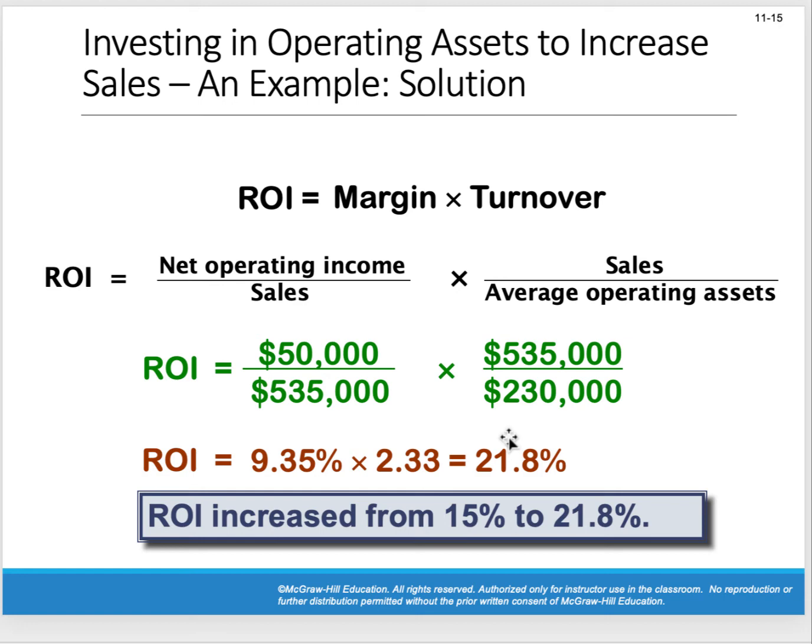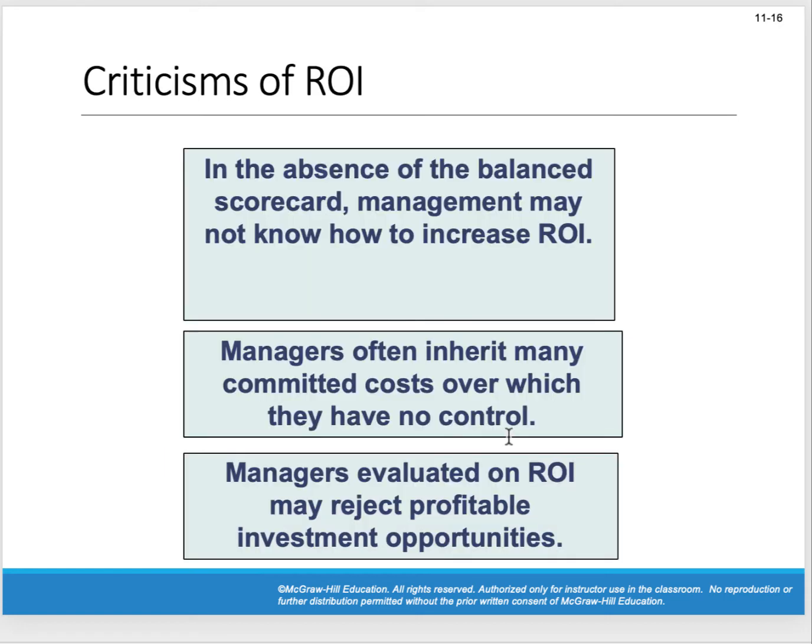An increase in our average operating assets, well, that's going to drop our turnover, right? But the increase in net operating income with the increase in sales really drove that ROI change, okay? So basically ROI is great, but to make it even better, if we have a balanced scorecard with it, then we know exactly how to increase ROI, okay?